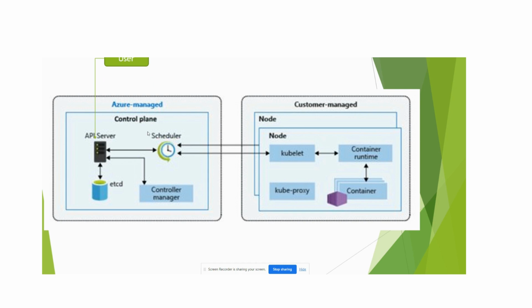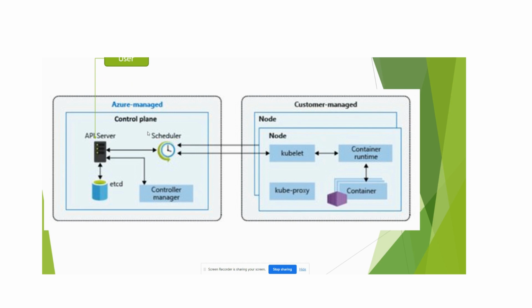The API server will update etcd that this request has been placed. Etcd will register it. Then from the API server, it will go to the scheduler. The scheduler will schedule the pod to the active node. It will check which node is active and in a healthy state, and it will schedule that pod to the active node.